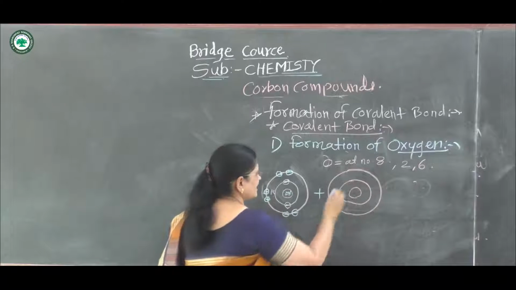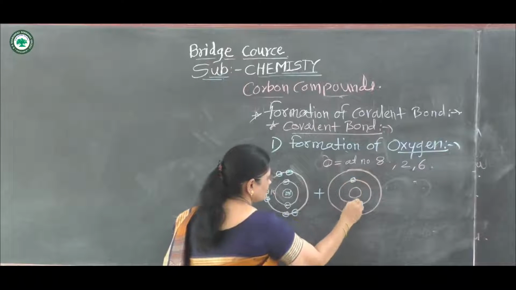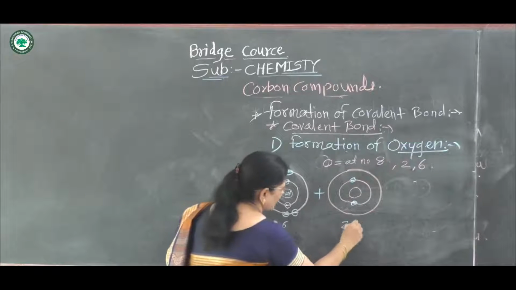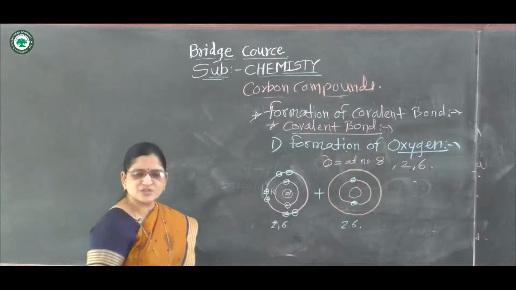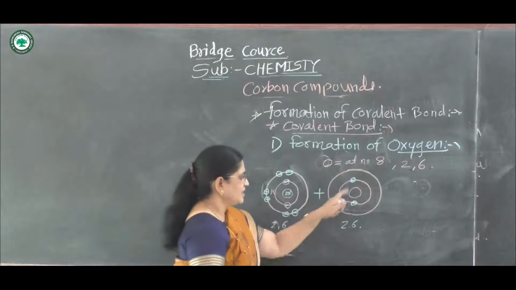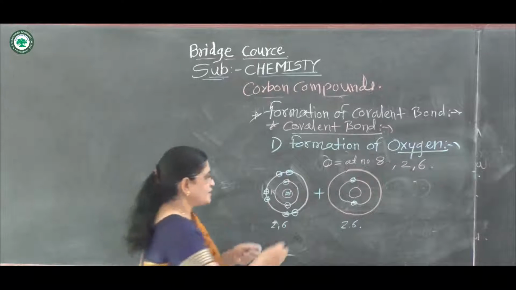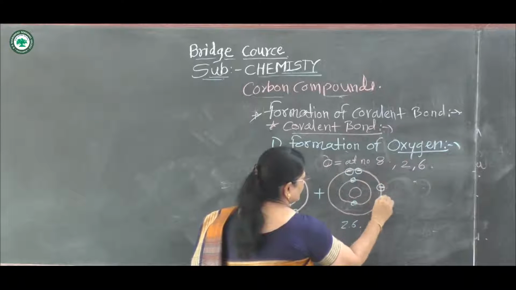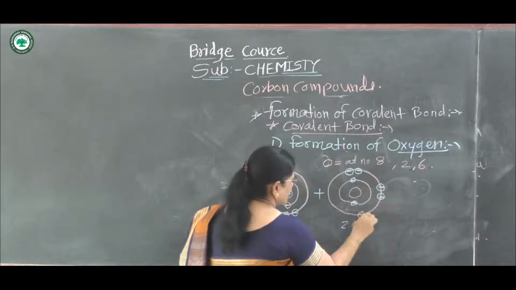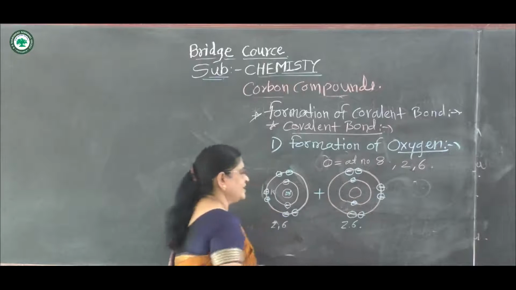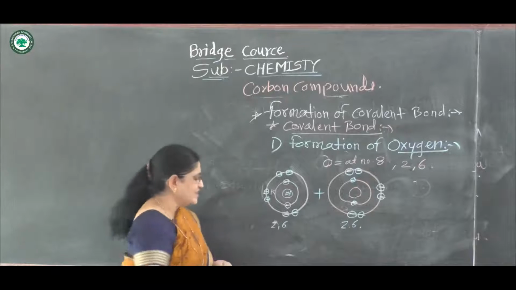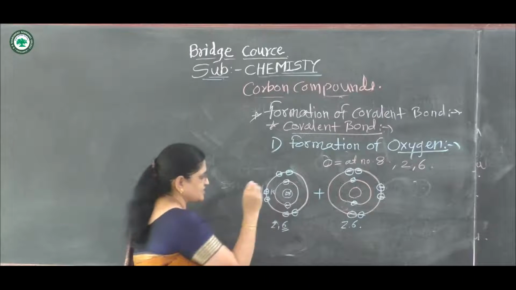In the second atom also there are 2 and 6 electrons. In the first orbit, that is the K shell, there are 2 electrons, and the remaining 6 electrons are in the L shell. In the outermost orbit, that is the valence shell, there are 6 electrons.